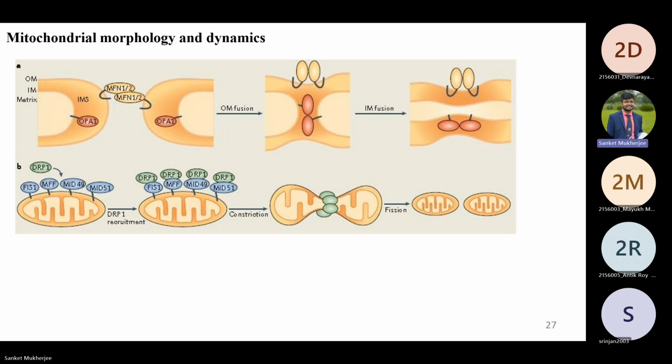Similarly, there are DRP proteins. These DRP proteins are dynamin-related proteins, which are essentially GTPases. These proteins are important for mitochondrial fission. For mitochondria to multiply in number, DRP1 is important. So these are a few proteins.